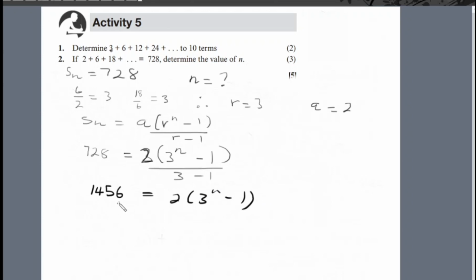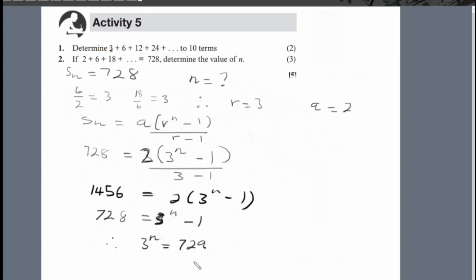Dividing by 2 on both sides. So it's all 728 is equal to 3 to the n minus 1. Therefore 3 to the n is equal to 728 plus 1, 729.